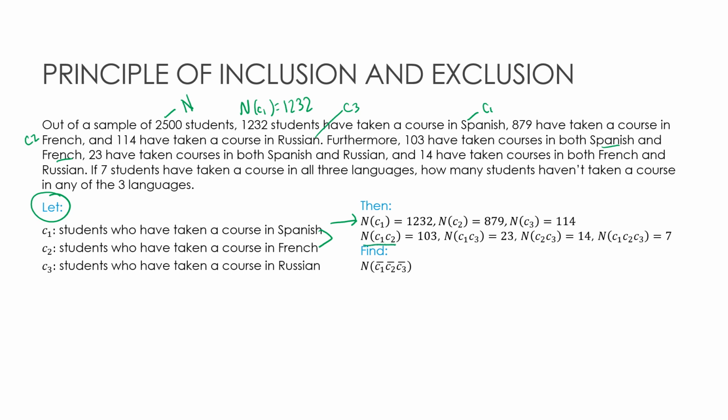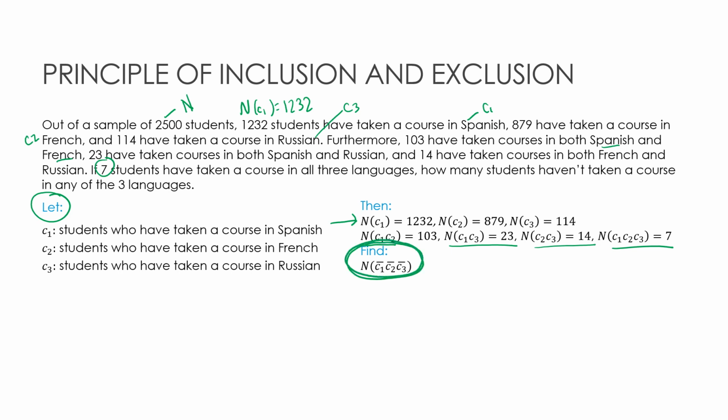So N(C1, C2) is 103. 23 in Spanish and Russian, so that's C1, C3. And then C2, C3 is 14 because 14 have taken French and Russian, and then 7 have taken all three. And the question itself says how many students haven't taken any of the three languages, so that is this.